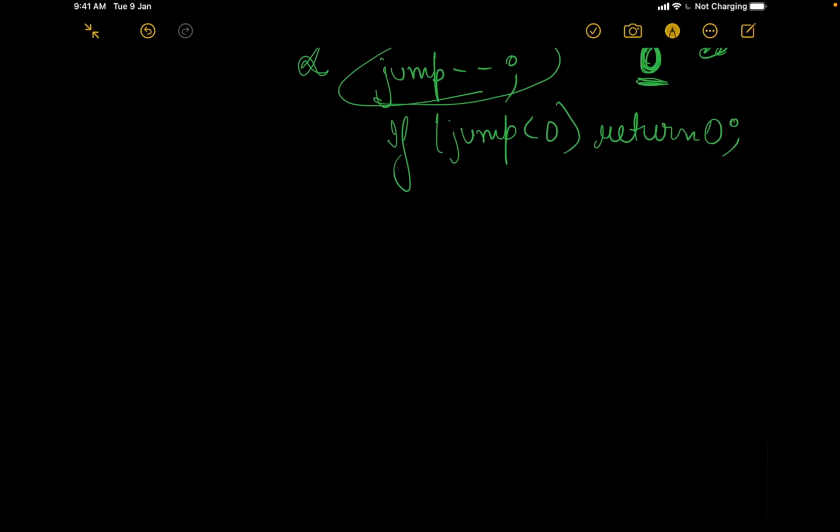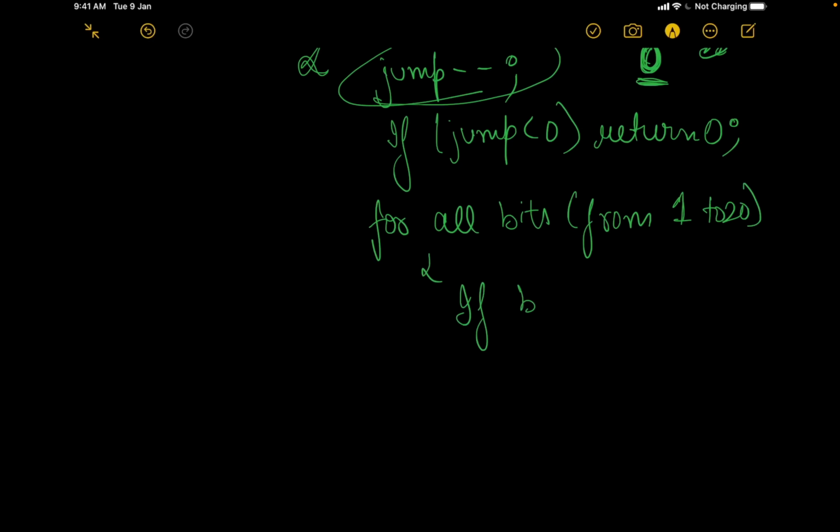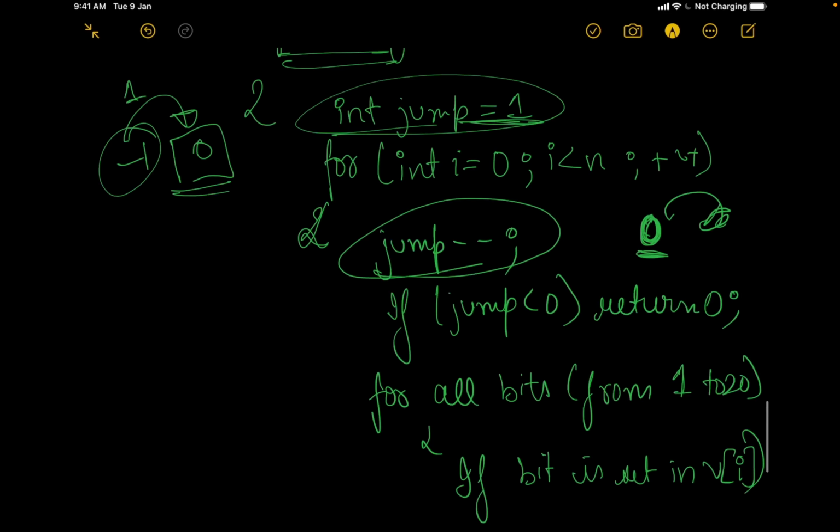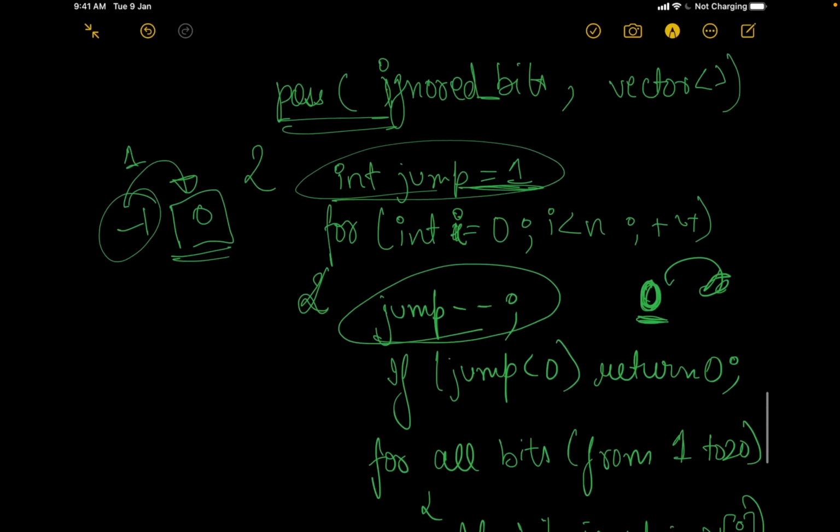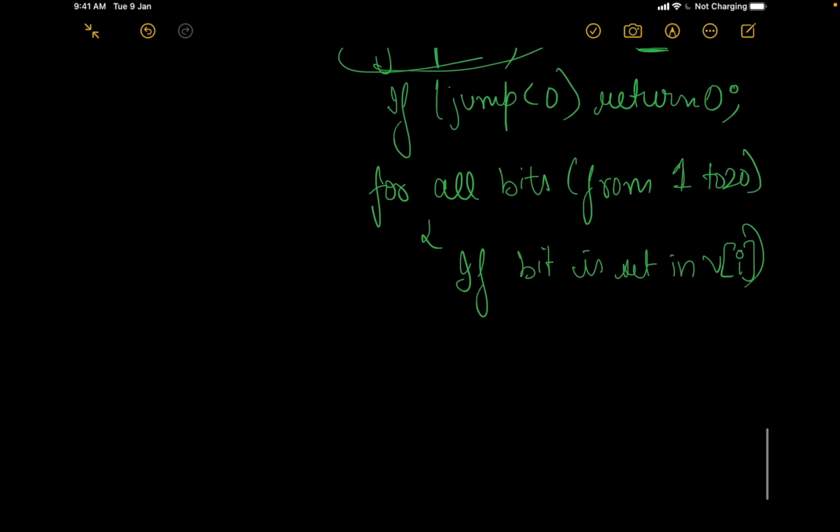If that's not the case, then for all the bits from 1 to 20, since we were considering numbers from 1 to 20, I'll check if this bit is set in the current element. Basically the index is i and the element would be v[i]. If it's set in this, then I can't take its help, or I don't want to include this in my answer.